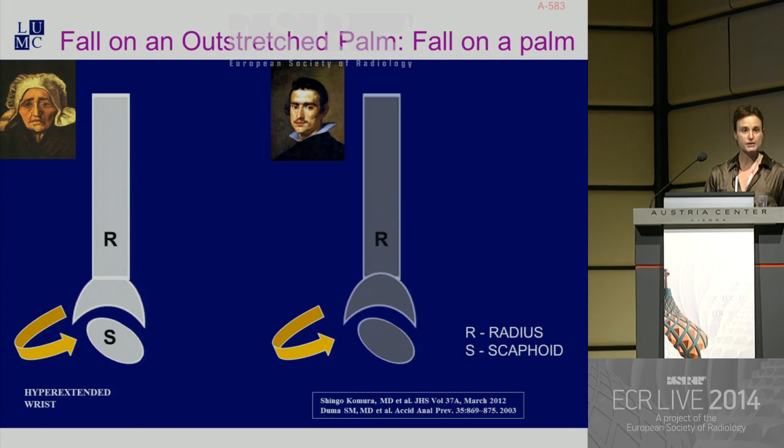And why, with the same mechanism of injury, do we sometimes have an isolated fracture of the distal radius, and sometimes also associated injuries of other structures, especially the scaphoid, sometimes carpal dislocations or a lesion of the scapholunate ligament?